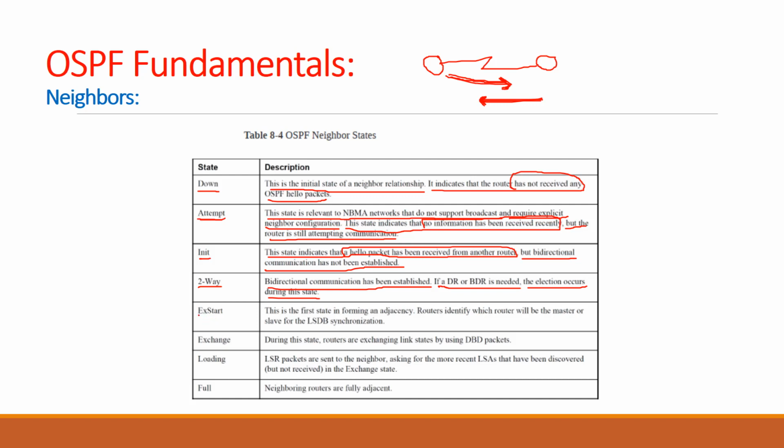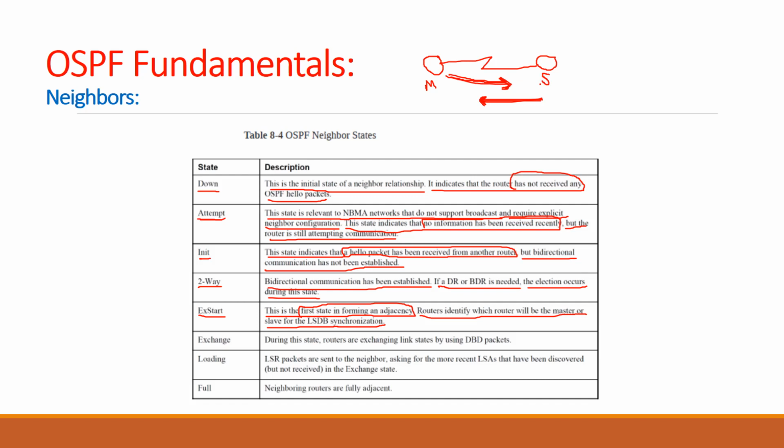The other state is ExStart or exchange start. This is the first state in forming an adjacency. Routers identify which router will be the master or slave for the link state database synchronization. So once they send the hello packets, they will identify which router will be the master and which router will be the slave.